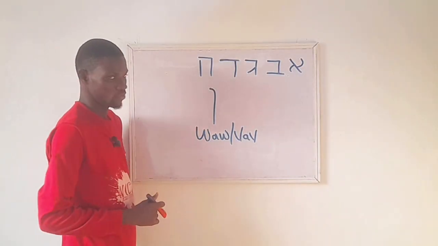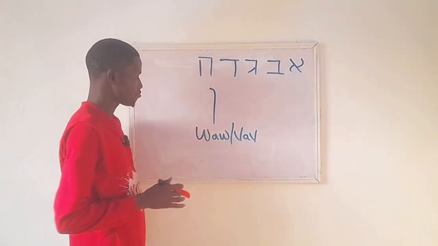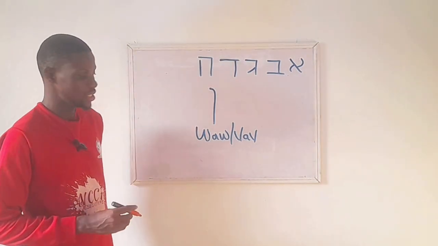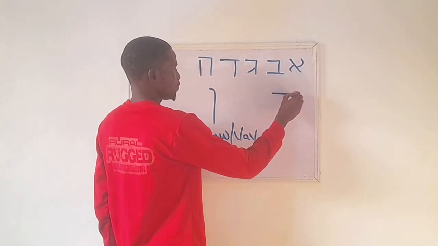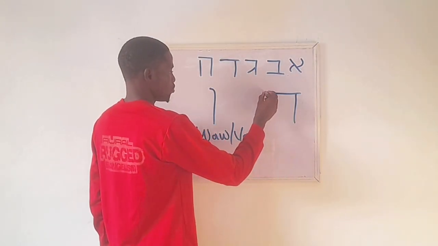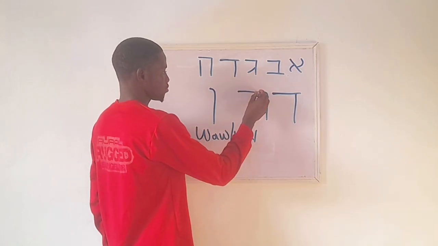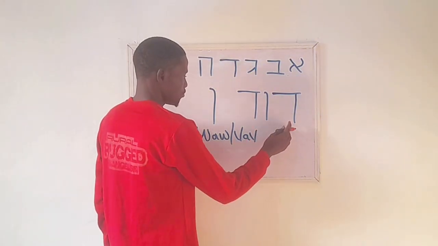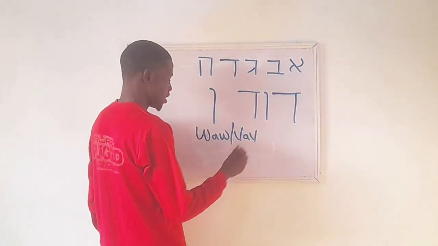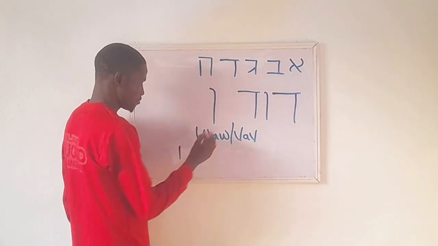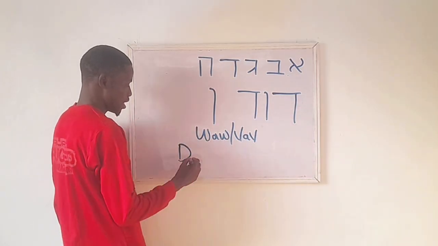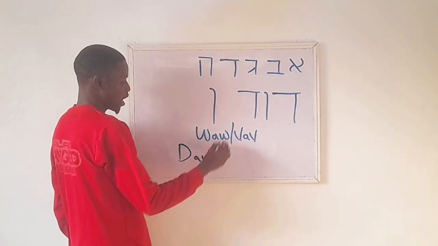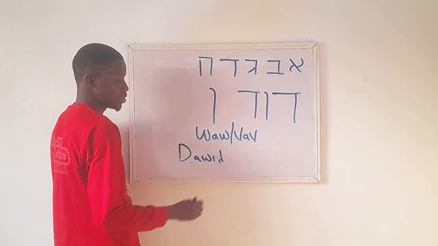Number two is Vav. You can write it as V, you can write it as W. For example, in the name David, we have Dalet, you have Vav, you have Dalet. If you put your vowel A here, this is D. Now if this is W, and you put I, I'm going to be having David.